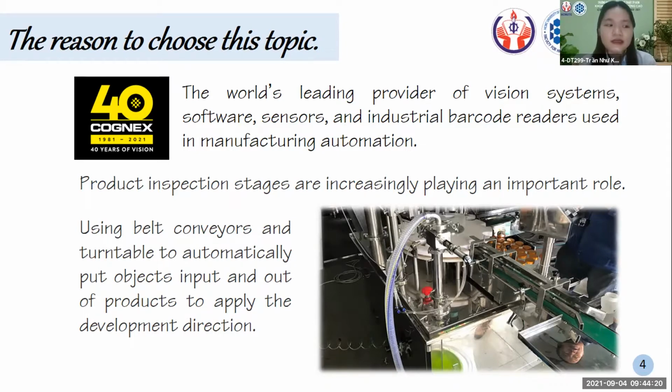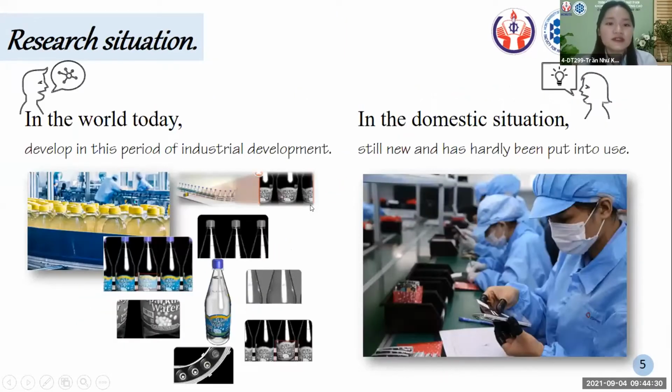In this project, I use a coordinate camera and design a classification model with a belt conveyor and turntable. The application of cameras for manufacturing automation systems is developing rapidly in the world today, but this topic is still new.